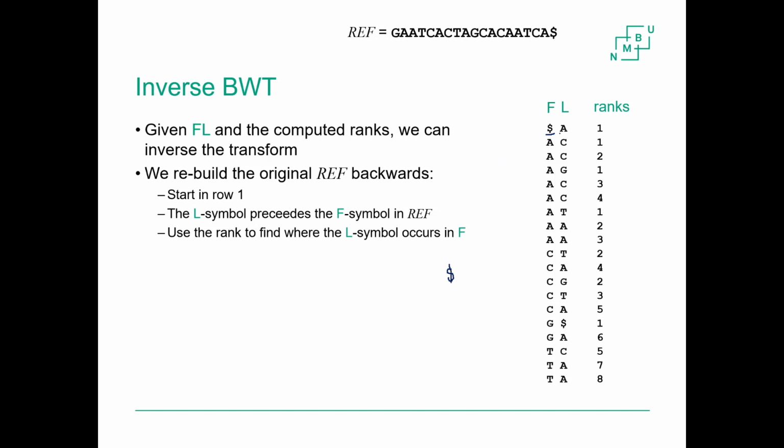And then it's preceded by this A. So I start building it backwards. Then we use the rank of this A. It's rank 1, right? And then we go to this F column here and look up A number 1. And that's this one. And then we can see this is now preceded by a C.